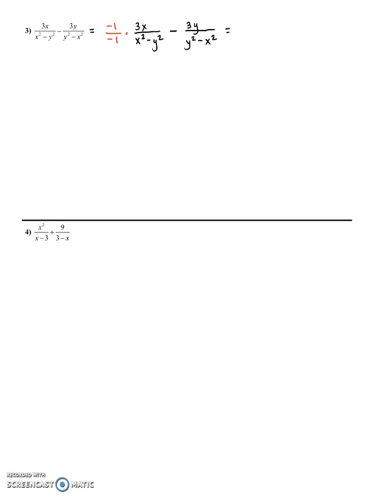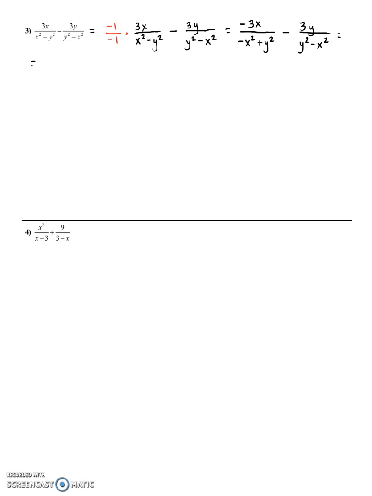Now, if we do this multiplication here, we end up with a -3x over, now remember we have to distribute this -1 to the whole denominator. So we have -x squared plus y squared. And then we still have our second term, so we're subtracting a 3y over y squared minus x squared.